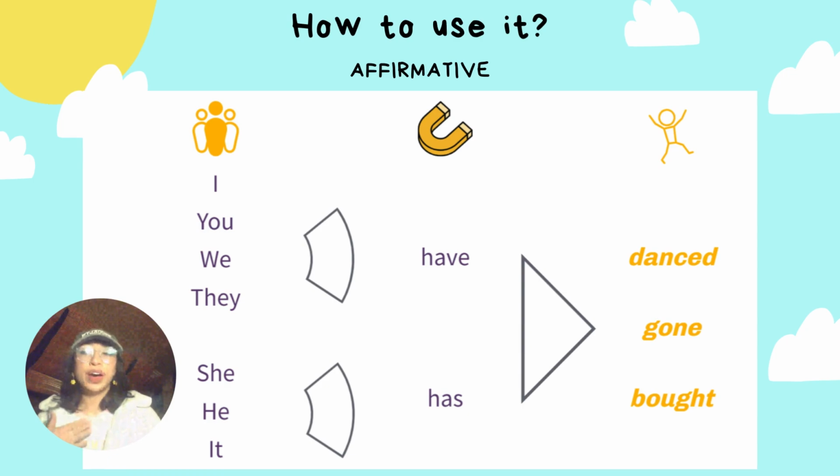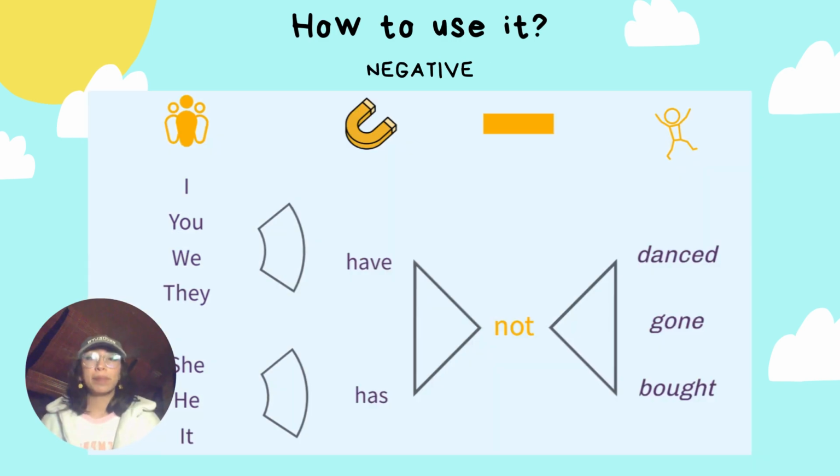So I hope you understand this first part because now we're going to continue with the negative form. We have the same structure, but in this case we're going to add not after have. For example, I have not danced. You have not danced. We have not gone.